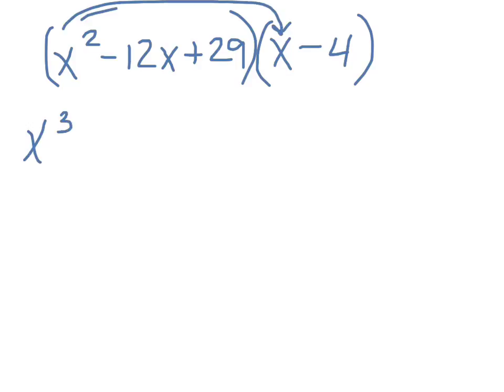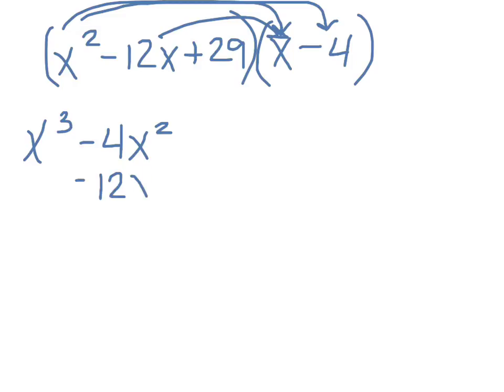X cubed, good. What's x squared times negative 4? What's negative 12x times x? What's negative 12x times negative 4? Positive 48x, because two negatives, remember, make a positive.